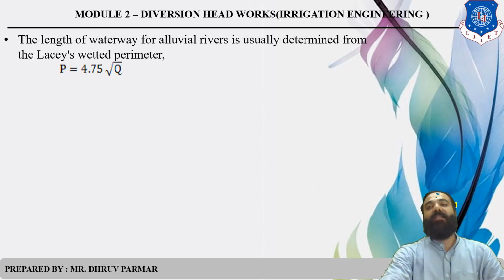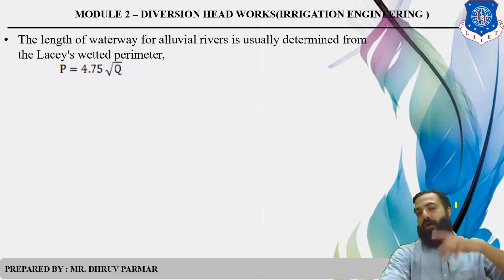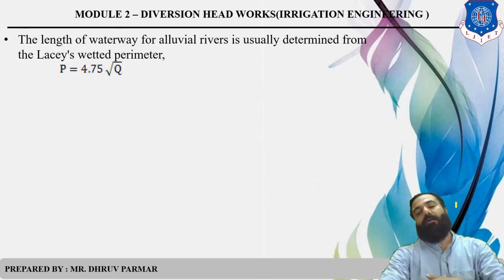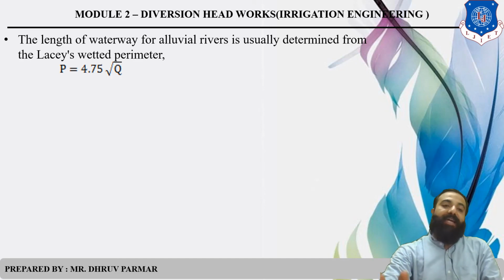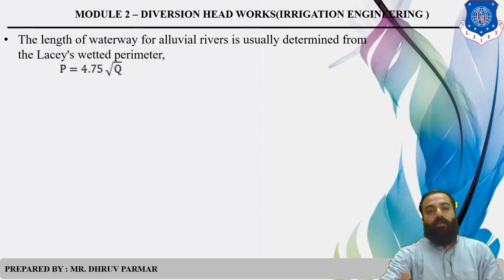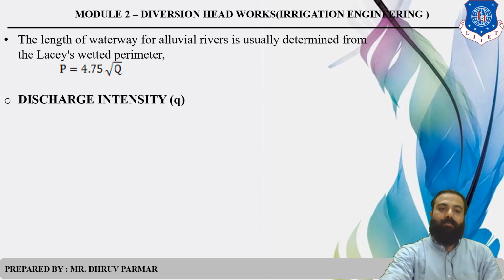So how can you find the perimeter? This is the formula we already discussed in the 7th chapter, open channel flow, called Lacey's design. Lacey defined a formula for the perimeter from the discharge: P equals 4.75 under root Q.